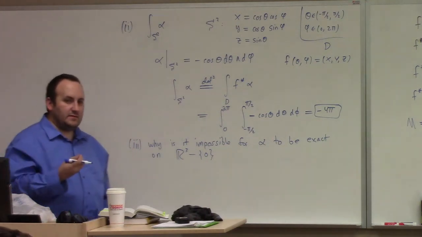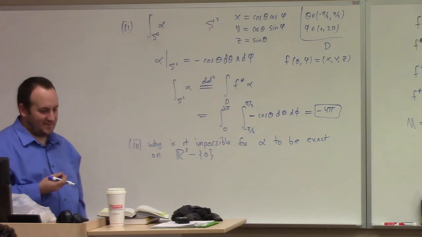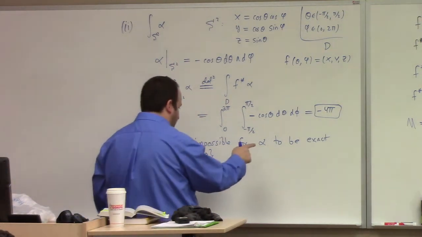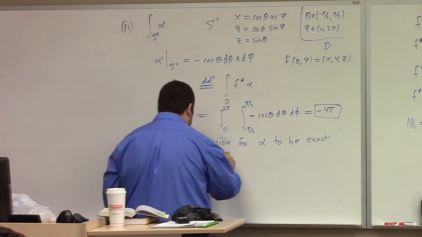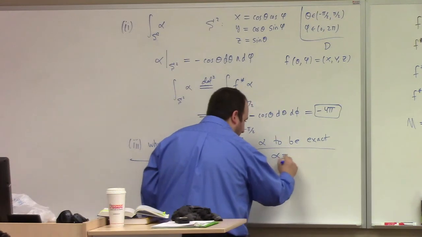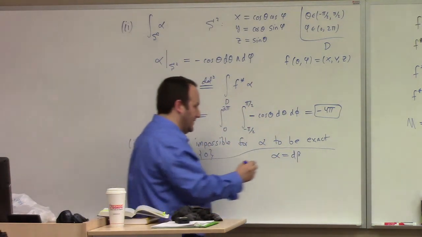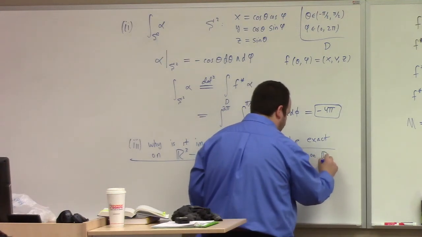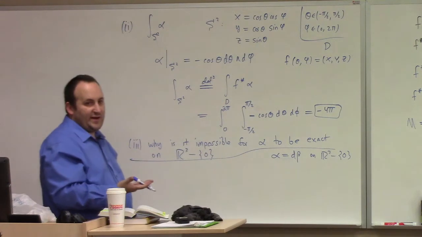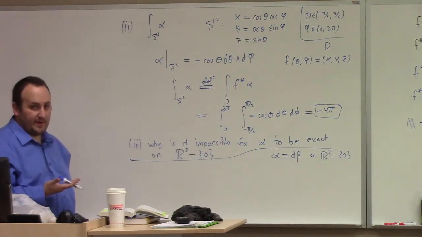What would it mean? So if it was exact, that would mean that alpha is equal to d beta on R3 minus 0, right? So in particular, that would restrict to a potential form over the 2-sphere, right?